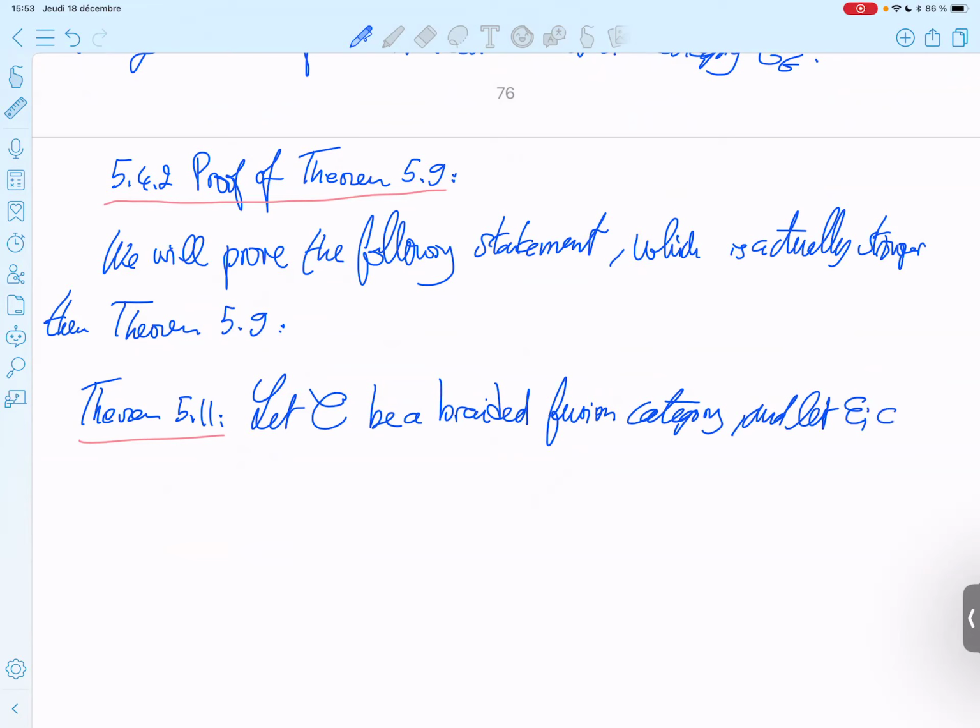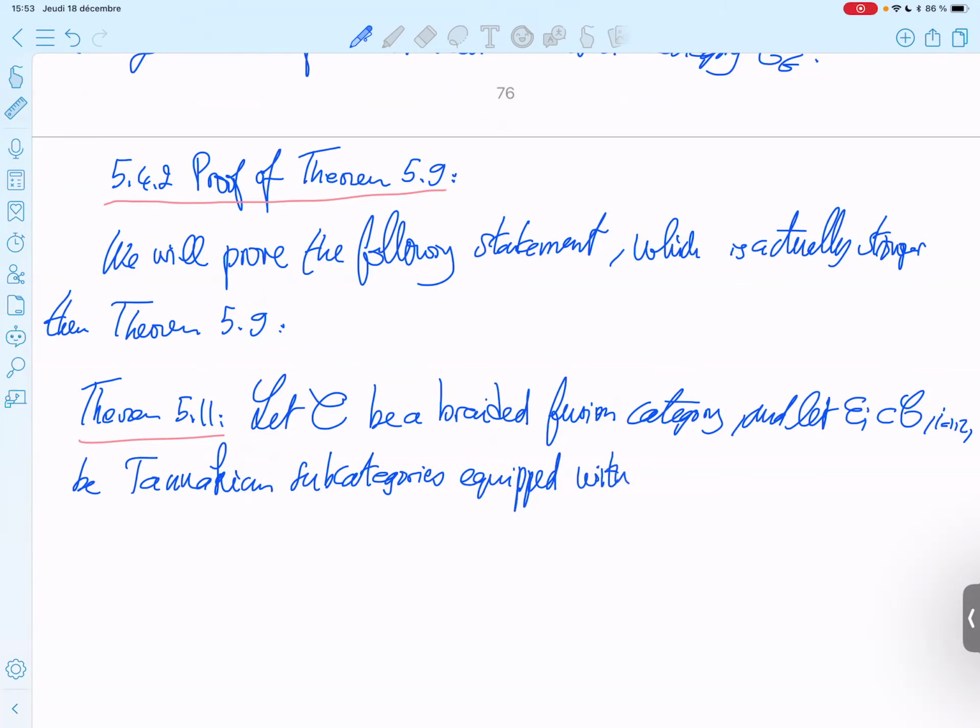E_i in C, i equal 1 to 2, Tannakian subcategory, equipped with fiber functor F_i from E_i to Vec.